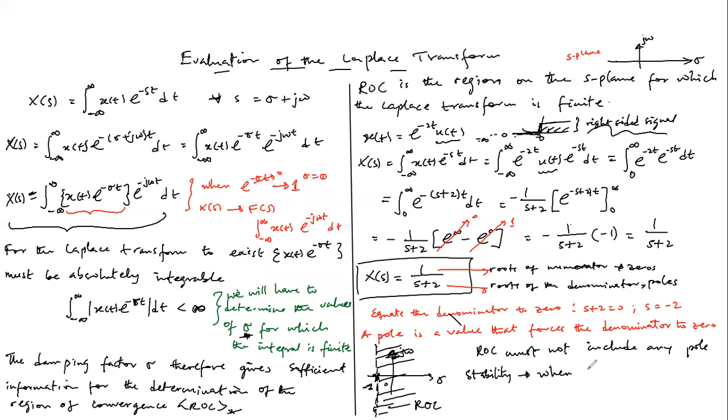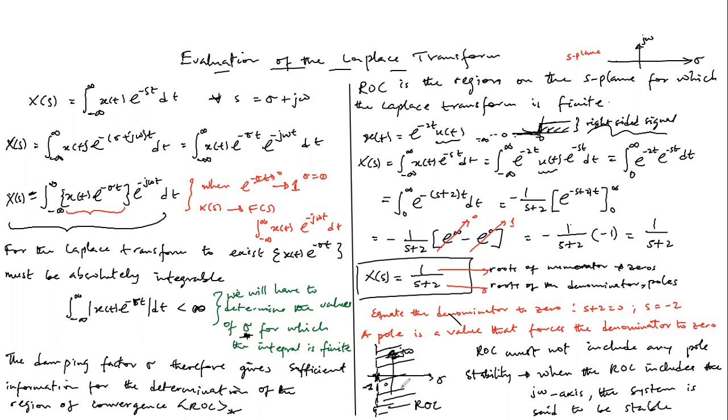So when the region of convergence includes the j omega axis, the system is said to be stable. Otherwise, it is unstable.